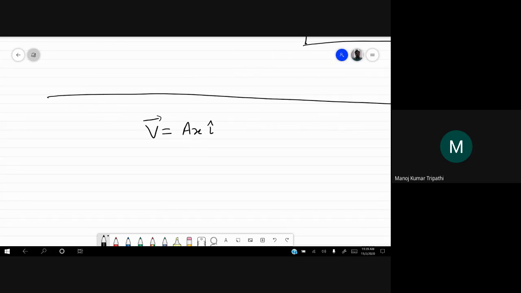ax i cap minus ay j cap, and it is given that there is gravity, and gravity is acting in the negative z direction.